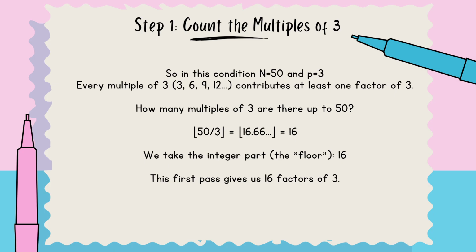So in 50, there are 16 multiples of 3. How will we calculate them? Just 50 divided by 3 and its floor value, that is 16. So the first pass gives us 16 factors of 3. That means 16 times till 50 factorial will give us 3.